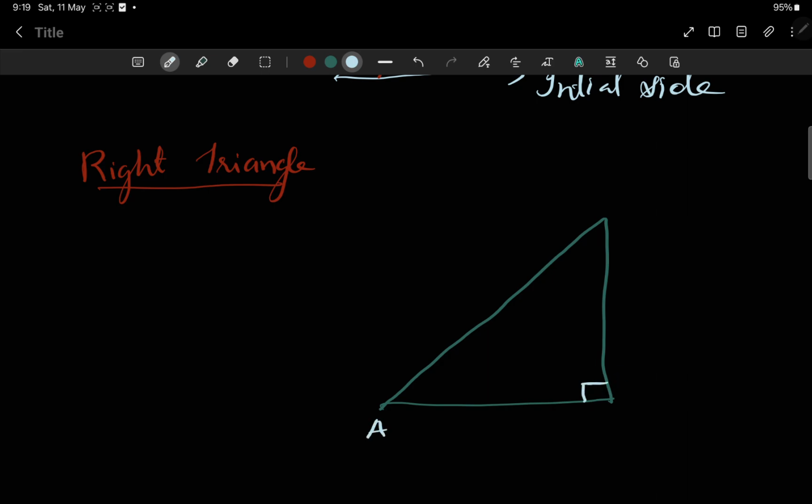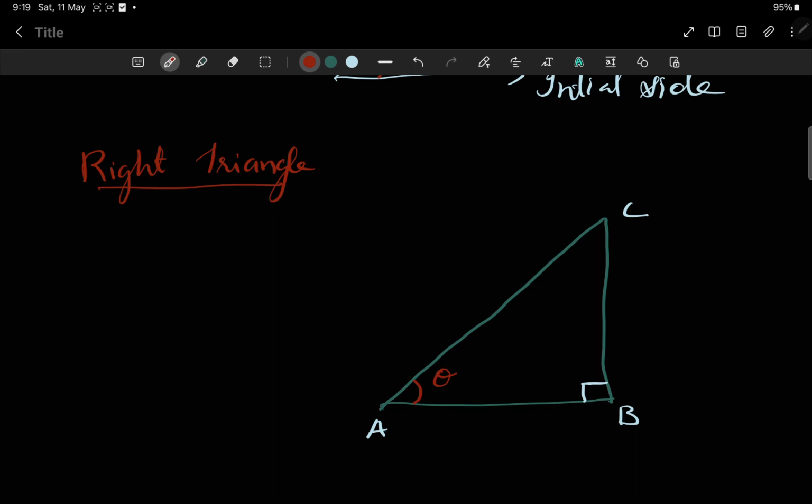Let me take triangle ABC, and put this angle as theta. We will be defining these trigonometric ratios based on this triangle and this angle theta.